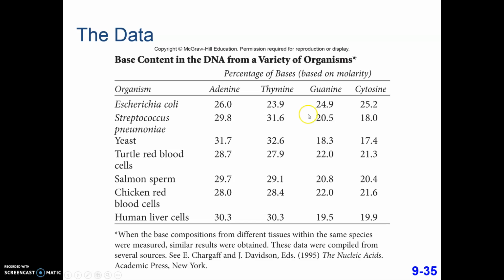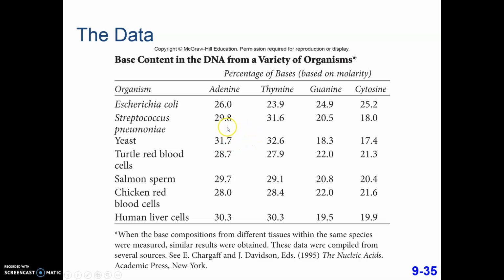Okay? This is different than we see in E. coli. What's interesting here is that T's and A's have the same percentage, and G's and C's have the same percentage, right? If you then take yeast and look at it, it is not exactly the same, but it's fairly similar.